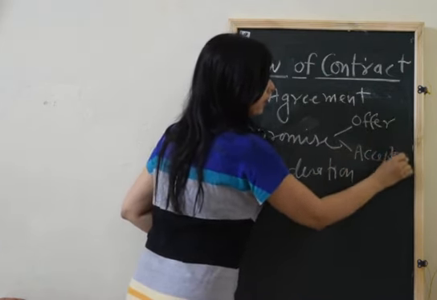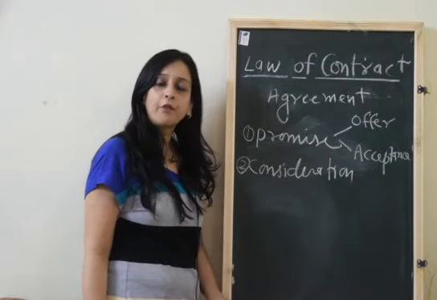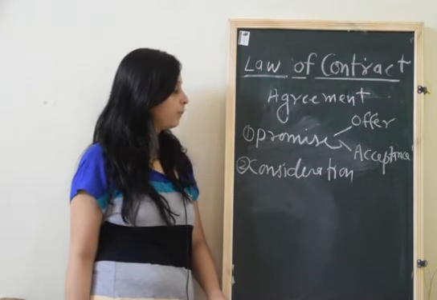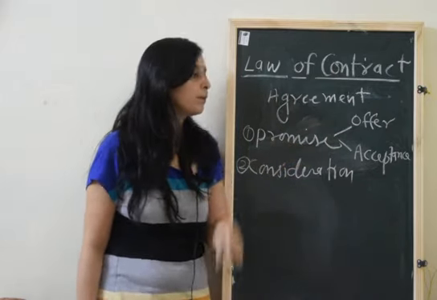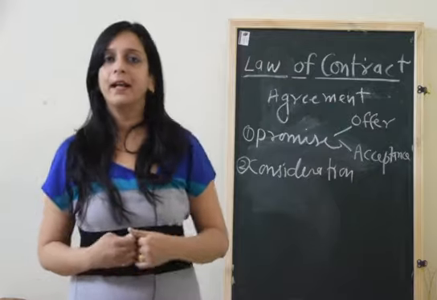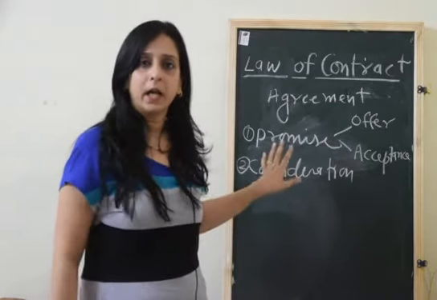And the second thing, there must be an acceptance. So, offer and acceptance make a promise. If there is an offer from one person and the same thing is accepted by another person, the accepted offer becomes a promise.